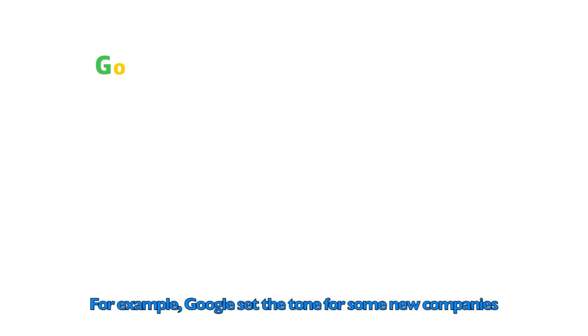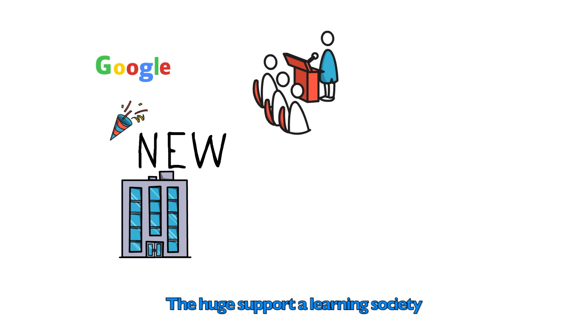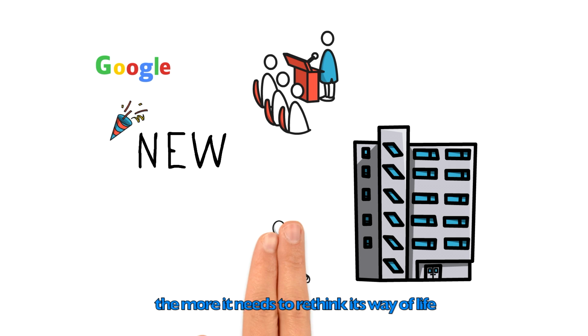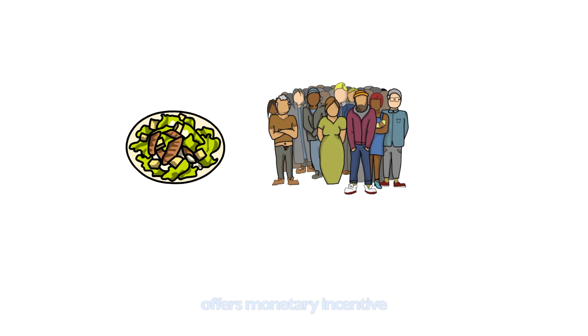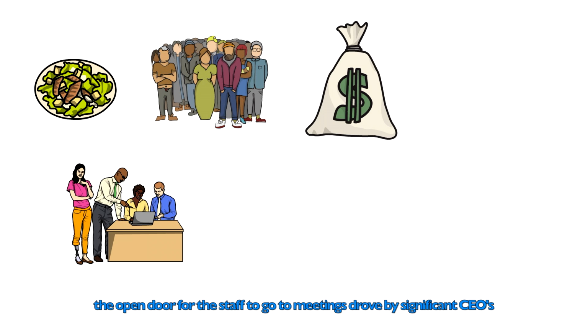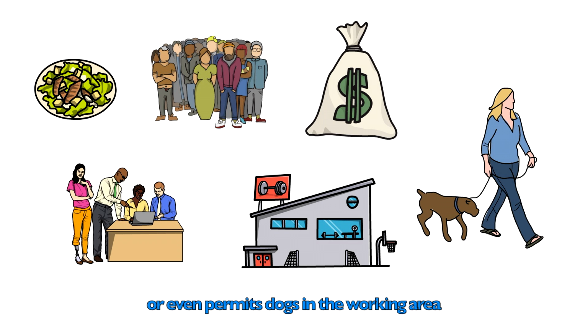For example, Google sets the tone for some new companies. They strongly support a learning society. The more the organization develops, the more it needs to rethink its way of life. The organization gives free meals, plans group outings, and offers monetary incentives. There are opportunities for the staff to go to meetings led by significant CEOs, gym classes, or even permits dogs in the work area.